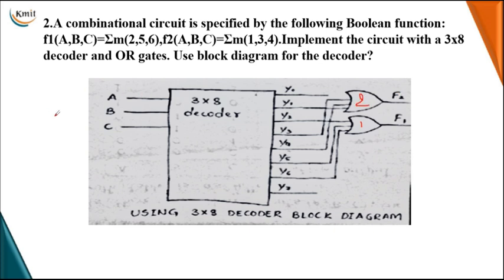So in this manner, using a decoder circuit, as each decoder output will give you one of the minterms, we are going to construct the given Boolean functions, which are in standard SOP, using a suitable decoder circuit.